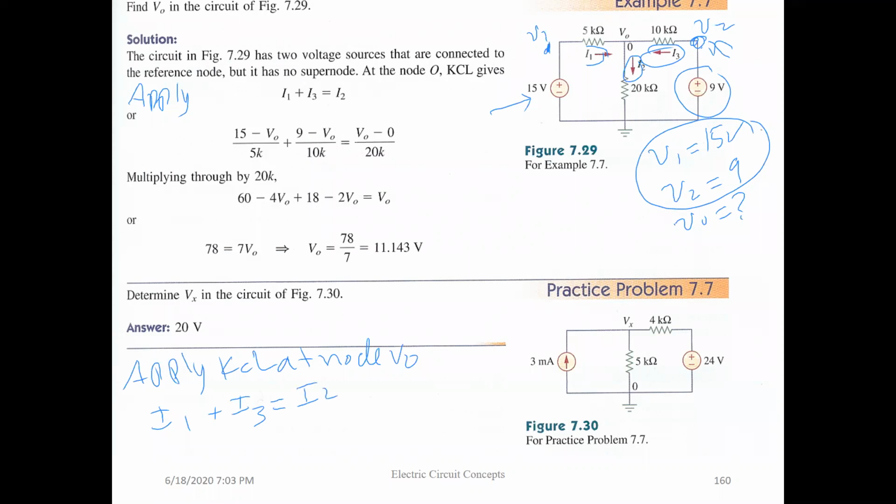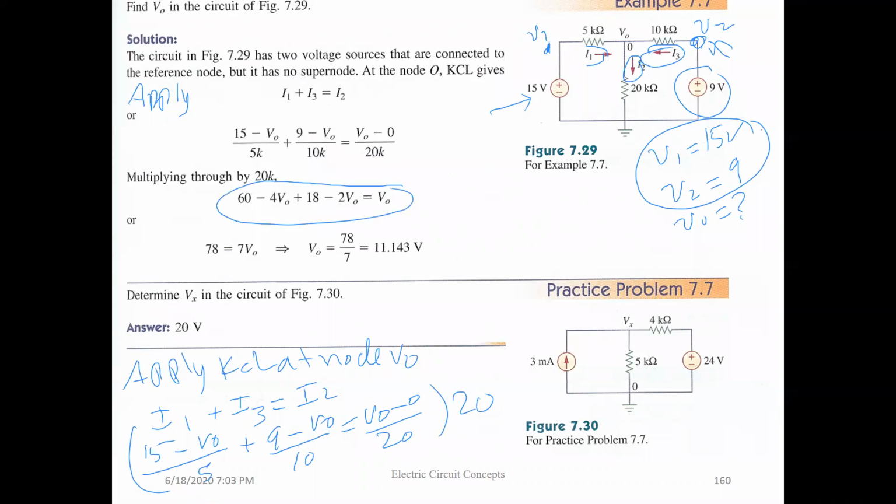Applying Ohm's law, I1 is (15 minus V0) over 5, and I3 is (9 minus V0) over 10K, equal to I2, which is (V0 minus 0 volt) over 20. If we multiply by 20, we get this equation, and since it's only one unknown, it's easy to solve.